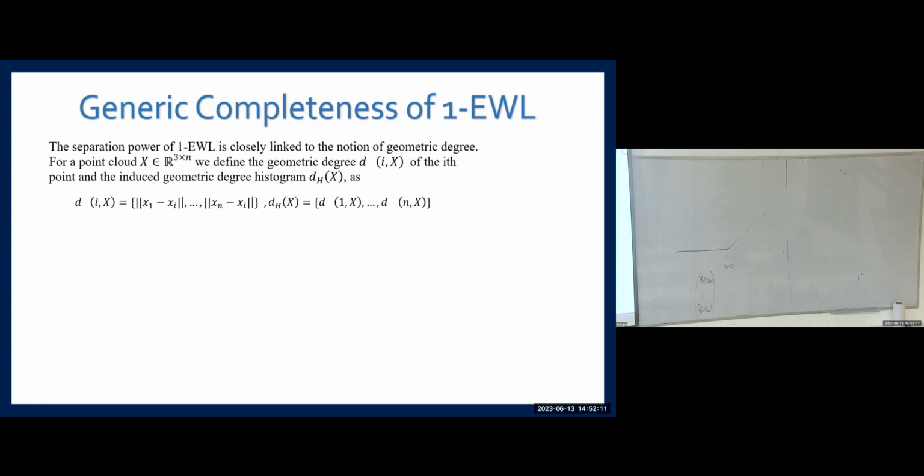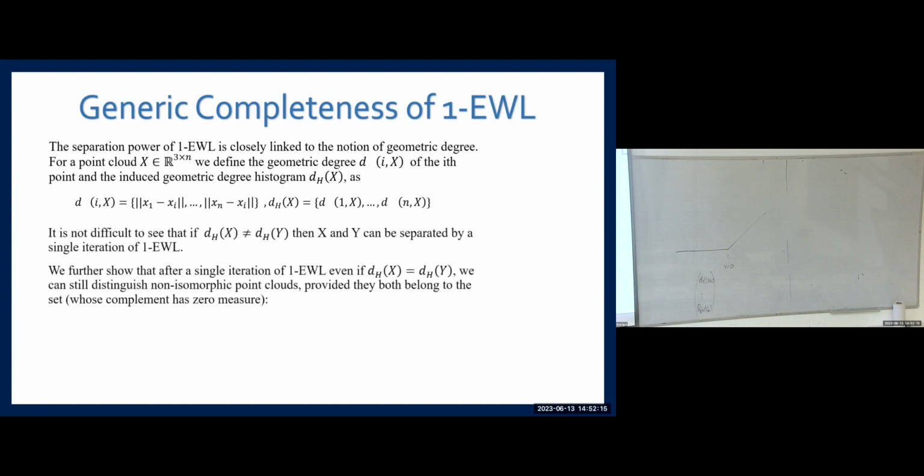Now we want to analyze the expressivity of this information. What does this information give us? If we have 2 point clouds that are not identical, we know that one EWL, one Euclidean Weisfeiler-Leman, is going to yield different colorings for each of the graphs.